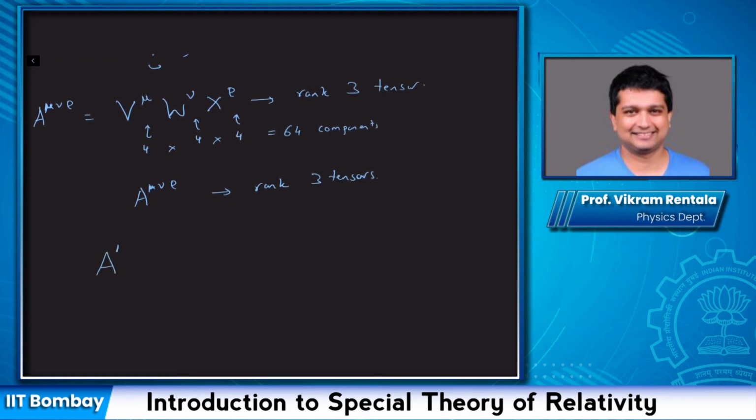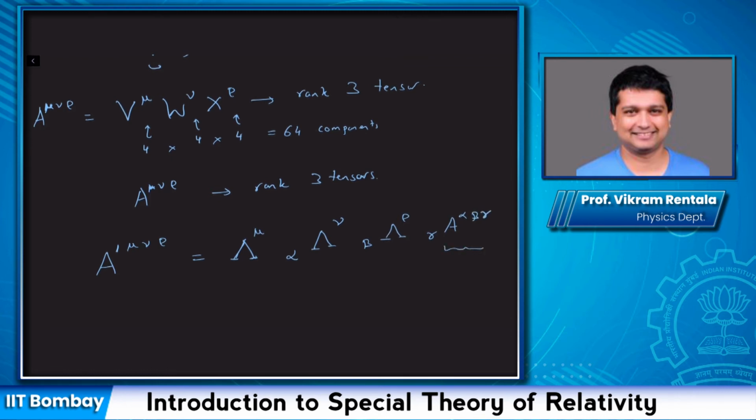And we say that the dictionary for transformation of these rank 3 tensors would be something like this. If I want to know what this is in a primed frame, A prime mu nu rho would be related by our transformation matrix lambda: lambda mu alpha, lambda nu beta, lambda rho gamma, A alpha beta gamma.